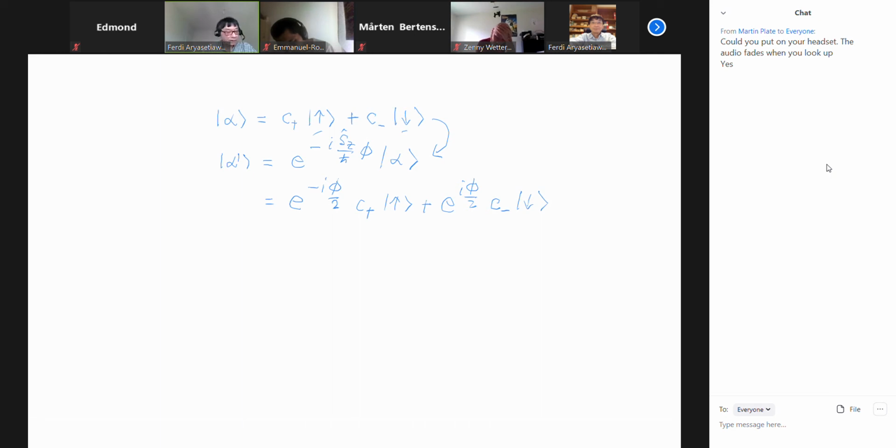So the peculiar thing is that if we plug in phi equal to 2 pi, then we find that this rotated state is not equal to alpha, but rather equal to minus alpha. So it acquires a minus sign because of the presence of this factor of half.